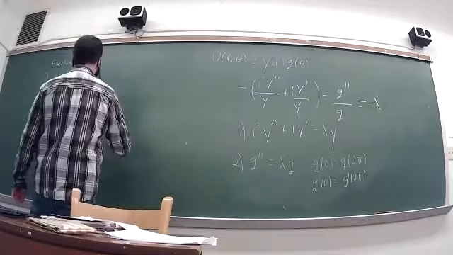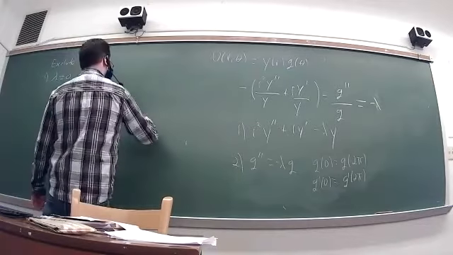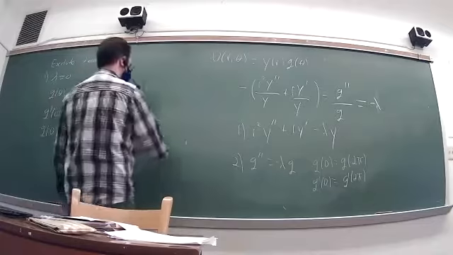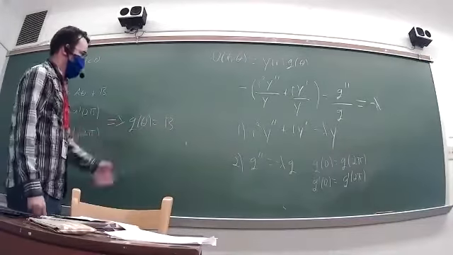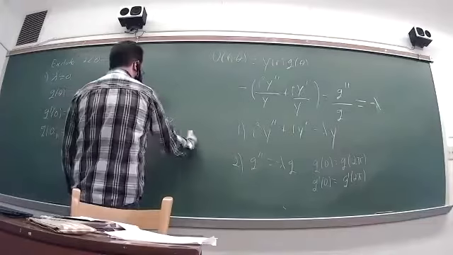So this is giving me g of theta equals b, and so b is a constant times 1.